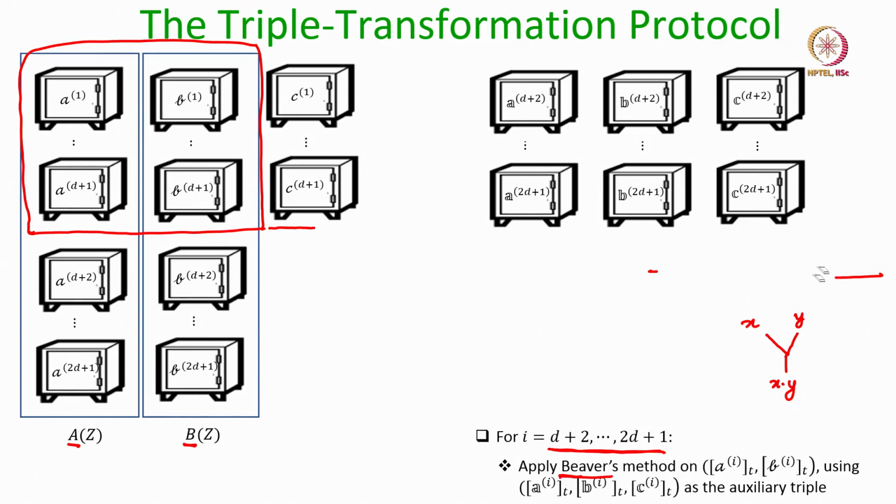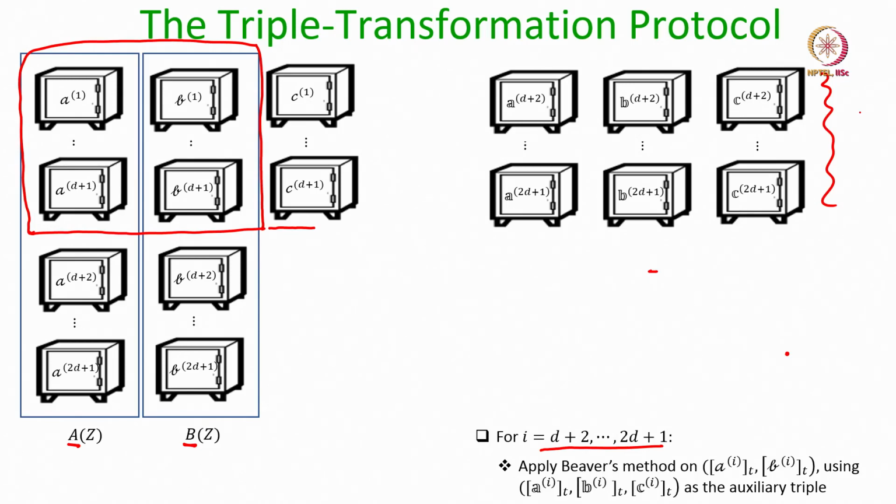What we are proposing here is to compute a secret sharing of the product of the A and B components of the last d output triplets by using the d number of secret shared input triplets which we have not yet touched.